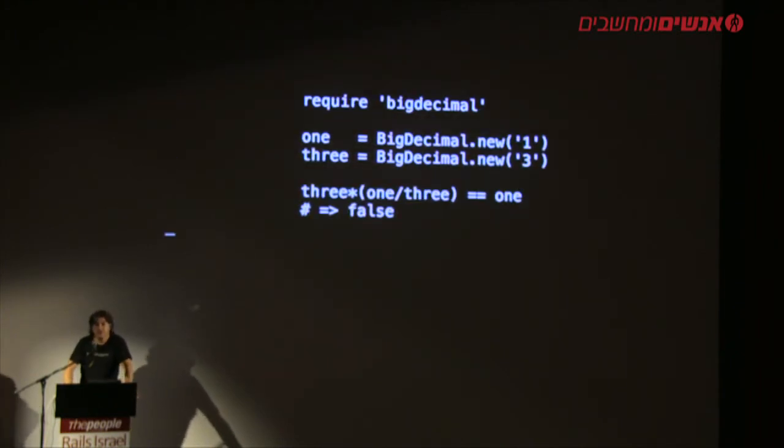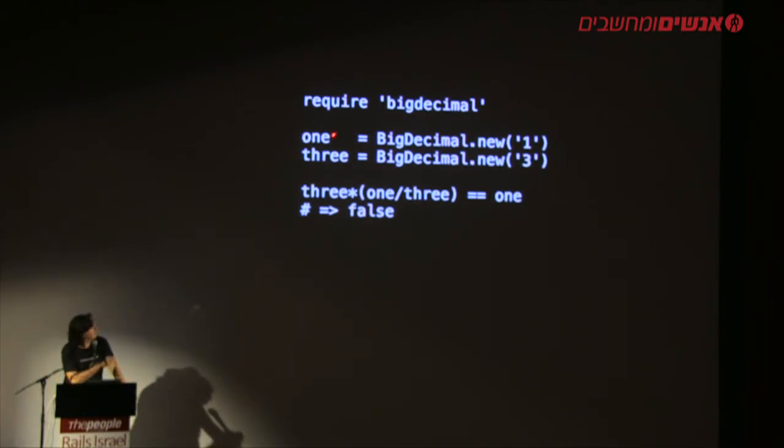But BigDecimal does not solve this thing: we have 1 and 3, and if you multiply 3 by this fraction, with exact arithmetic this should be 1, but it's false. So BigDecimal is not a magic thing that solves any problem with fractional numbers. Why? Because this fraction, in base 10, is periodic: 0.3 periodic.